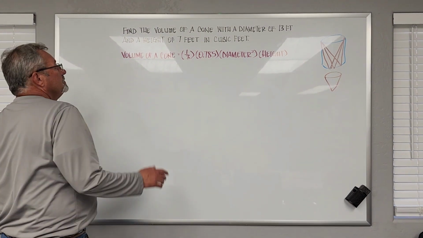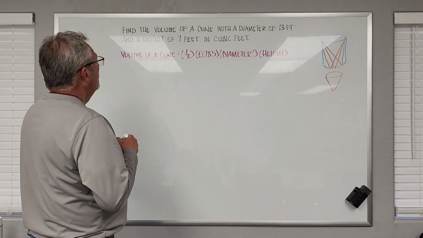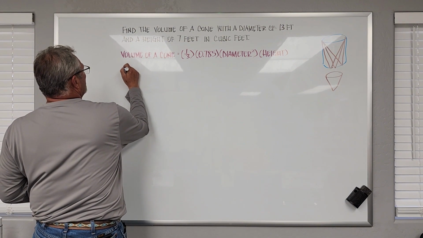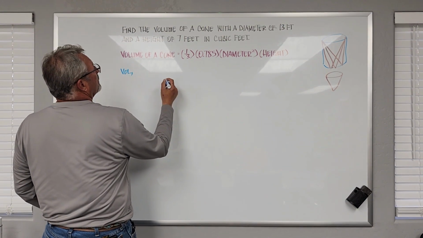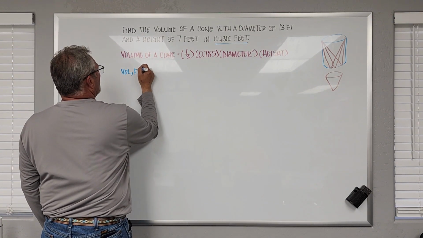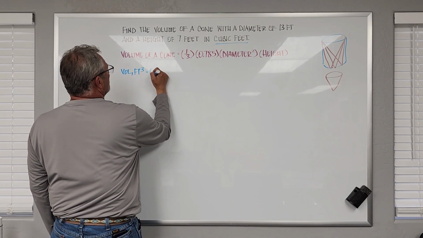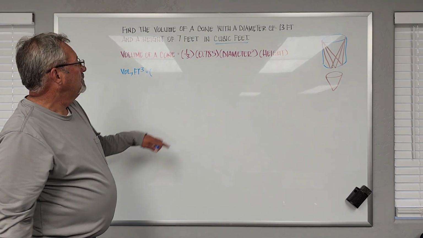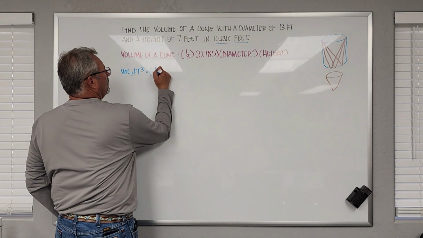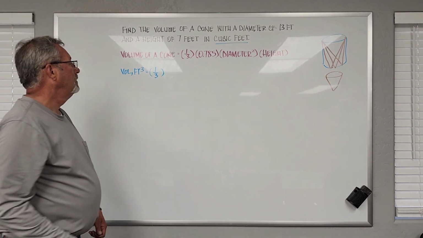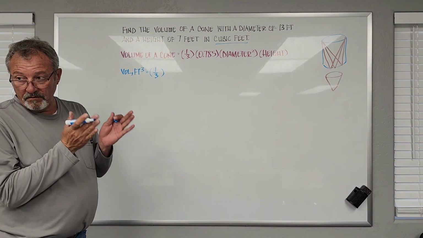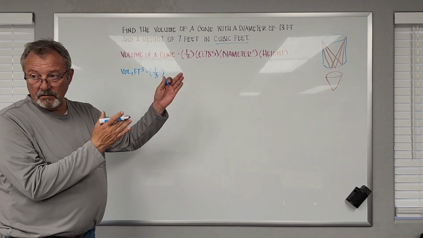So what that means is I'm going to calculate volume, and they want it in cubic feet, equals, now I'm going to multiply it by 1/3, because a cone is 1/3 the volume of a cylinder with the same proportions.